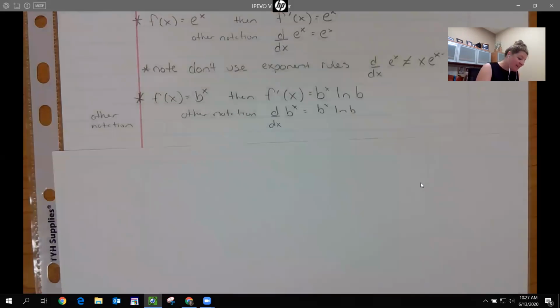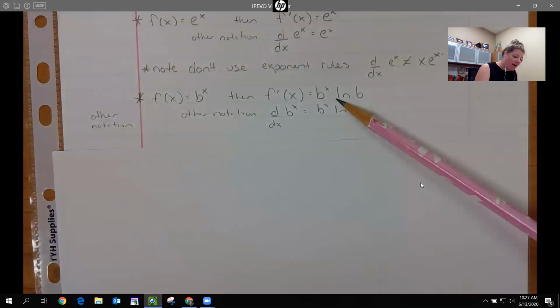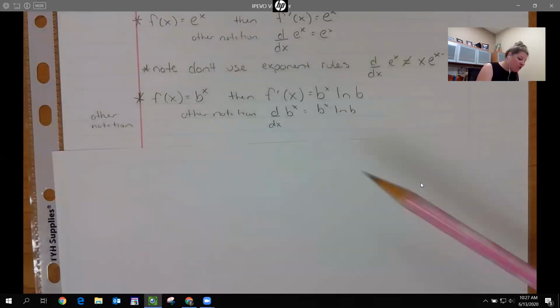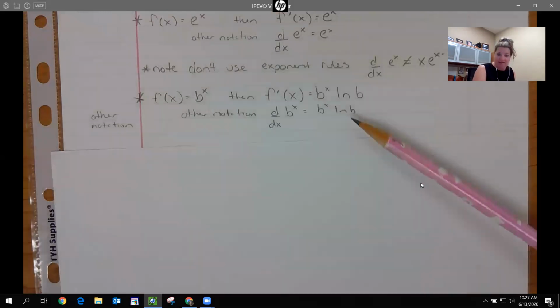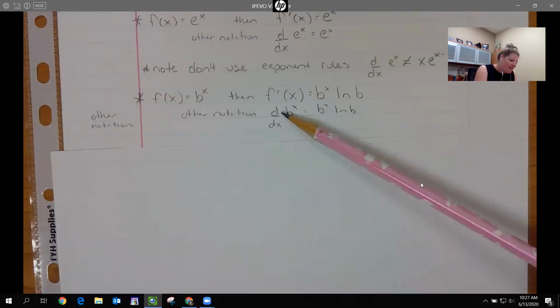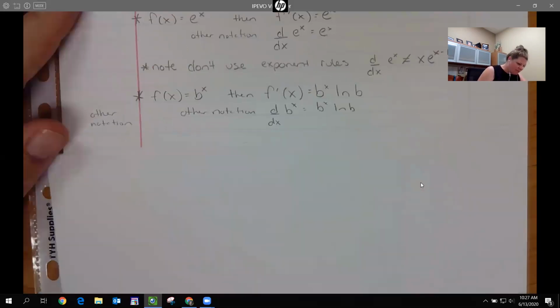So I keep b to the x, and I add in the natural log of the base. Okay, same with the notation here, d dx of this is this. And you could do dy dx, but it's written a little bit different, not right next to it. If you have the y, then you don't have the formula as close, but that's another notation.